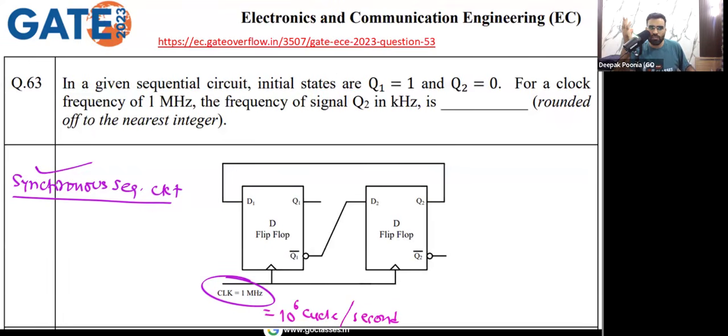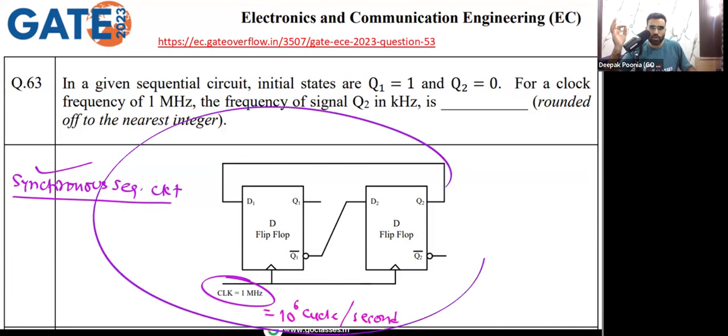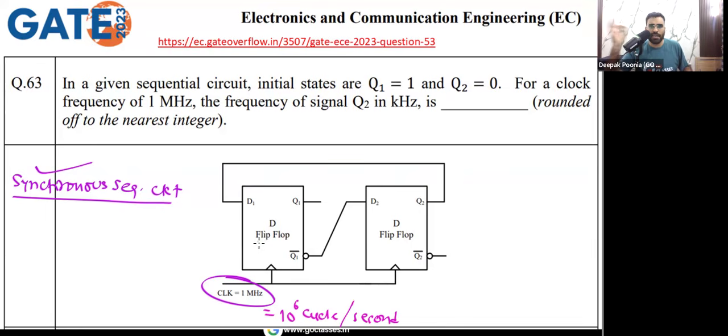Remember, state diagram always gives you more intuition about the circuit. If you see the state diagram, if you see the state table, if you see these different entities, then the most intuition about the behavior is given by state diagram. So you just find the state diagram.